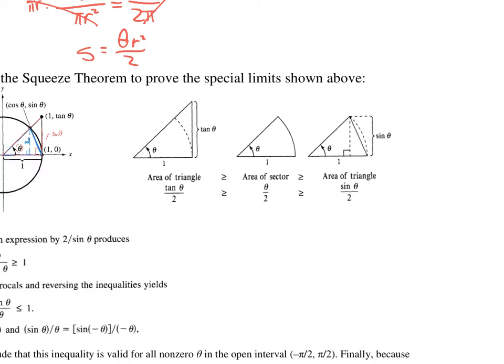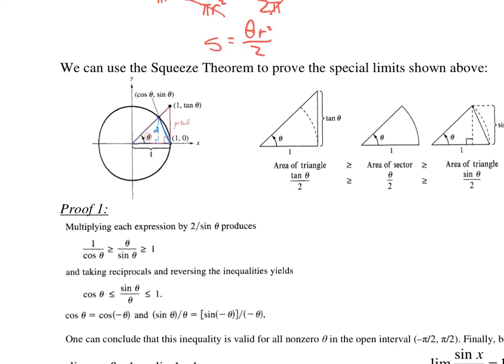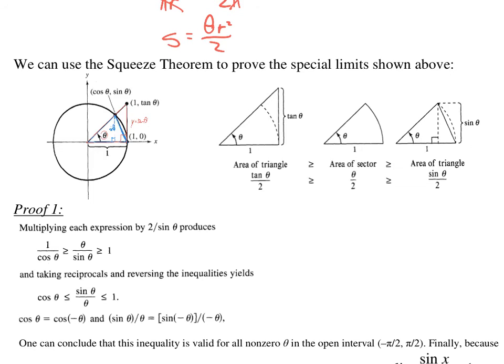Okay? So, I know that the area of this sector will always be between tangent of theta over 2 and sine of theta over 2. It's always going to be between those two. Alright? So that's the setup. Now let's actually derive the whole thing. So what we're going to do is we're going to multiply all three parts of this inequality by 2 over sine theta.